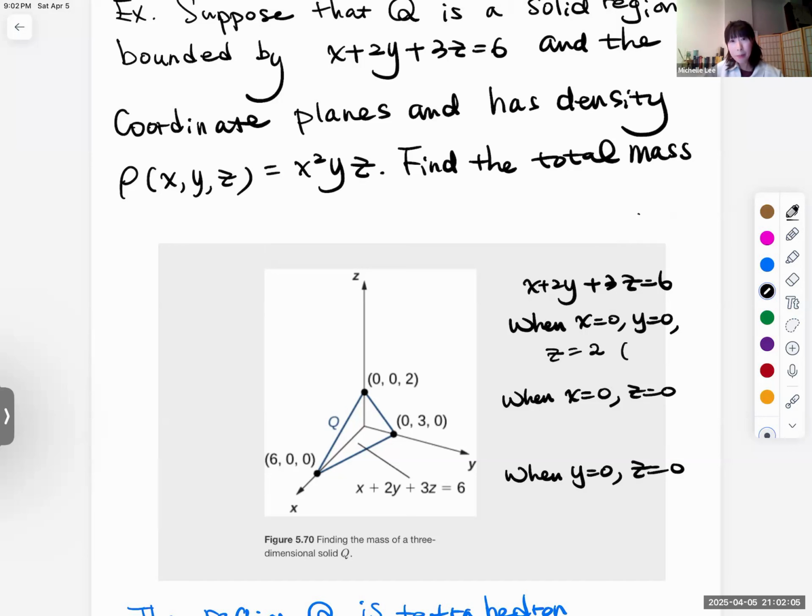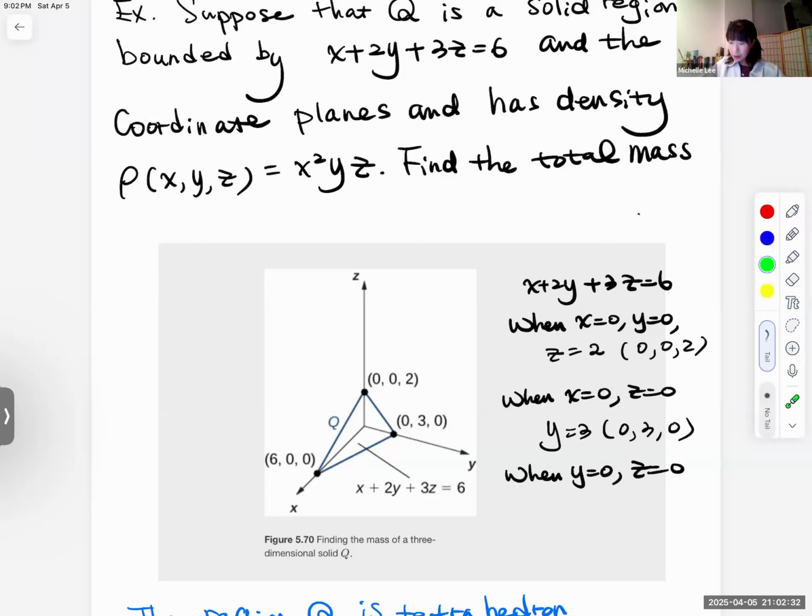So we can make an ordered triple: 0, 0, 2. Same equation: when x equal to 0 and z equal to 0, then y equal to 3, so 0, 3, 0.